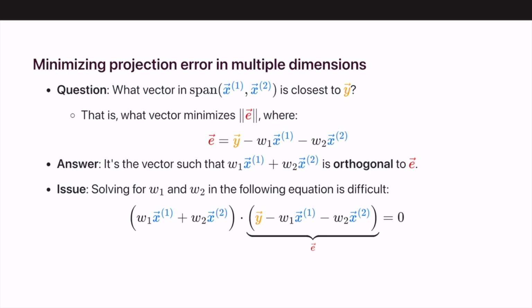And we want to know what are the w1 and w2, the 2 scalars, such that the dot product with our error vector equals 0, because when the dot product is 0, we have 2 vectors that are orthogonal to each other. If we find that, then we know that vector is the one closest to y. So the problem is, when we have an equation written like this, it's extremely difficult to solve.